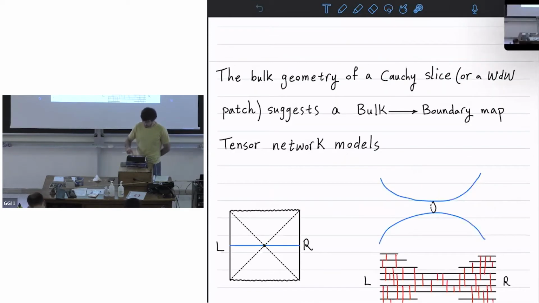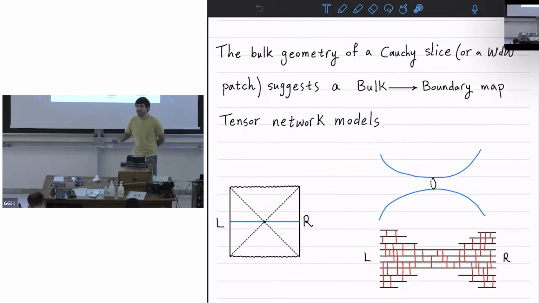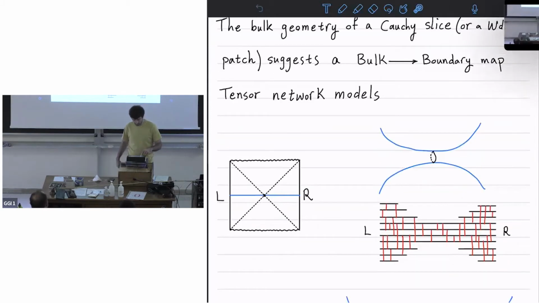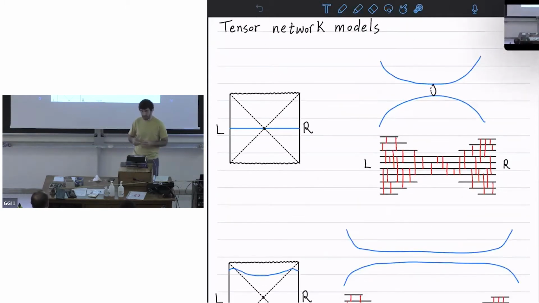A big picture idea in AdS/CFT is that there's some sort of bulk to boundary map, which in some sense can be read off from the geometry of the appropriate bulk slice. Tensor networks are a great model to make this concrete.